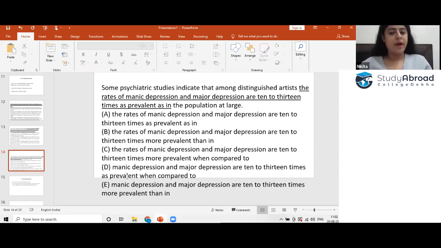I hope by now you are understanding what we need to do. We need to understand the meaning of the sentence very well, and then we scan the options. We see what differences the options are bringing in front of us, and then we start solving them. Students, I would like to add that there are so many rules that we learn on the basis of which making a choice becomes easy.